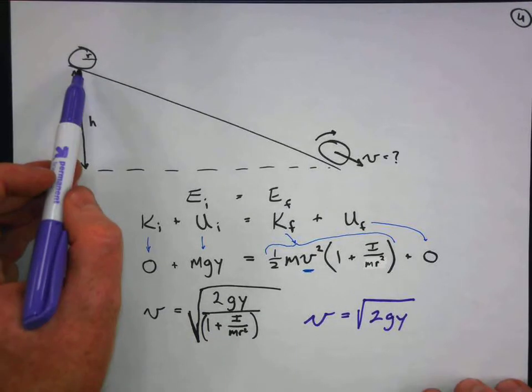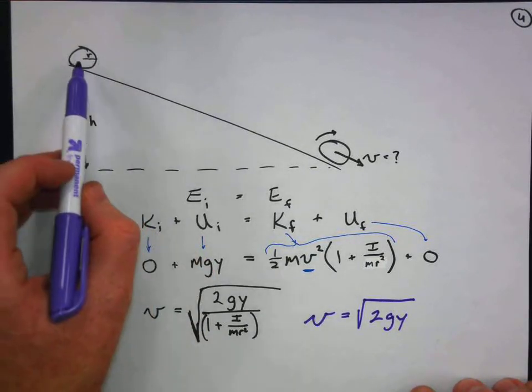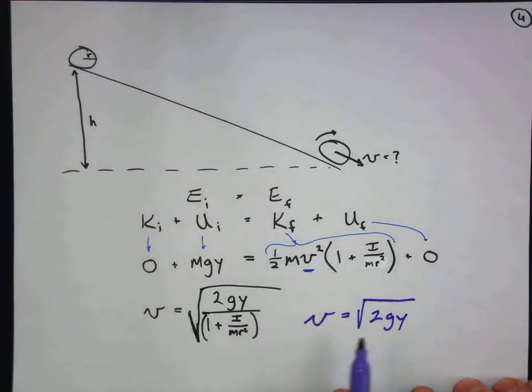If this object were not rolling down the ramp, if it were purely sliding down the ramp, that would make a lot of sense, wouldn't it? Then it would have picked up a velocity dependent upon the vertical change in position here, and dependent upon the gravitational acceleration. But that's if there's no rotation. So you'd have essentially moment of inertia is 0 with no rotation. That's interesting, coming out of this situation where you have that sort of similarity.